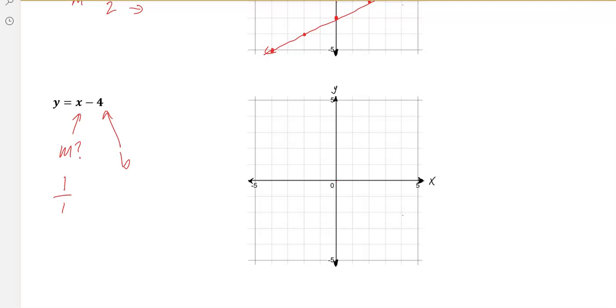So from here we go down 1, 2, 3, 4. And it has a slope of 1. Up 1 over 1, up 1 over 1, up 1 over 1. Connect all those dots. And here is our line. So y equals x minus 4. Really easy to graph stuff if you know the slope-intercept form of the line.